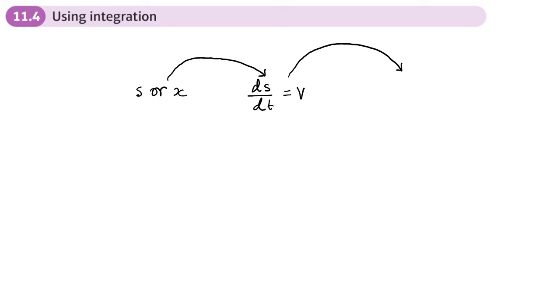And then we differentiated again and did dv/dt, or that's the same as differentiating the function of t for the displacement twice, and we get the acceleration. Okay, so going across this way was differentiation.